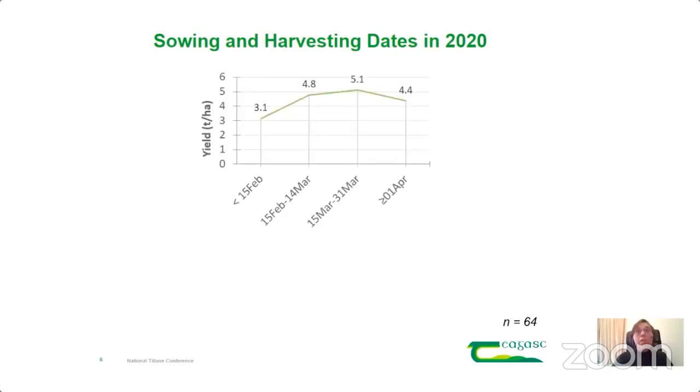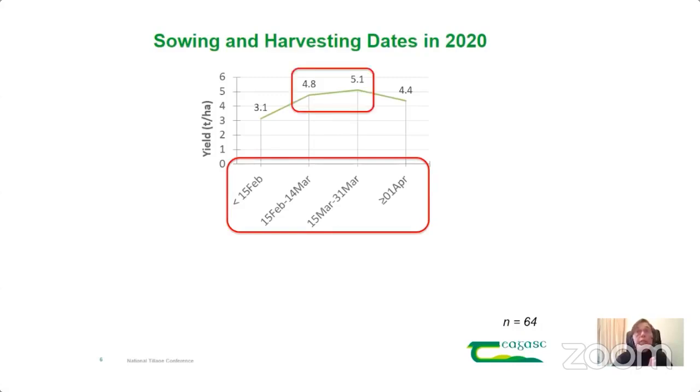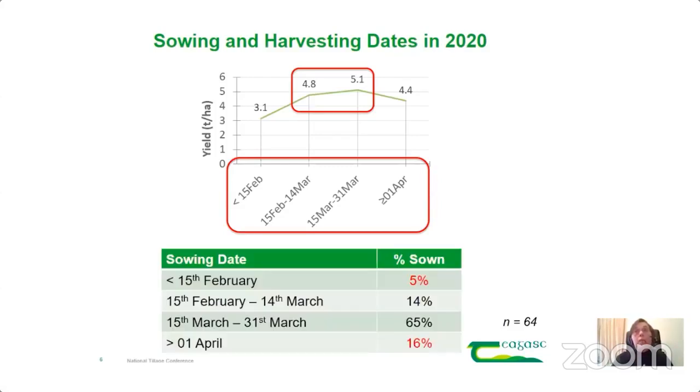This graph shows the reported yield values for last season, grouped by 4 sowing periods, with the highest yields observed between 15th of February and 31st of March, while sowing before or after gave lower yields. And in fact, in the last season, most of the spring beans were sown between the 15th of February and end March.